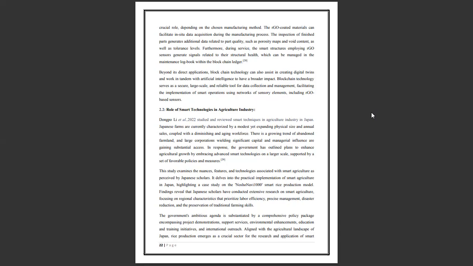This study examines the features and technologies associated with smart agriculture as perceived by Japanese scholars. It delves into the practical implementation of smart agriculture in Japan, highlighted in a case study on the Notch Navi 1000 smart rice production model.